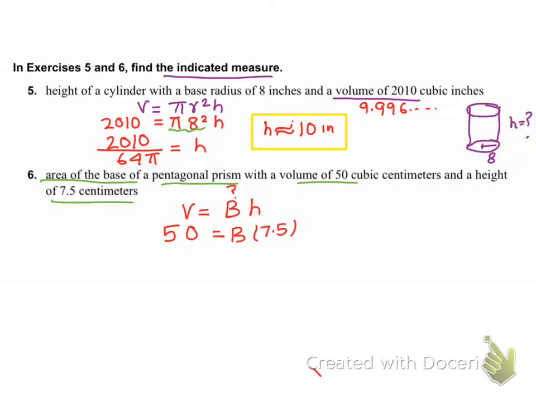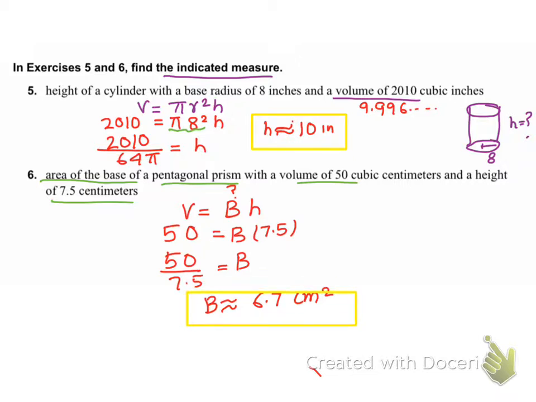It's a simple question, just solve it for b. Divide both sides by 7.5. You get 50 over 7.5 equal to b. And when you calculate, your b is roughly equal to, to the nearest tenth, 6.7 centimeter square. That's your answer. All right, let's move to the last two problems.